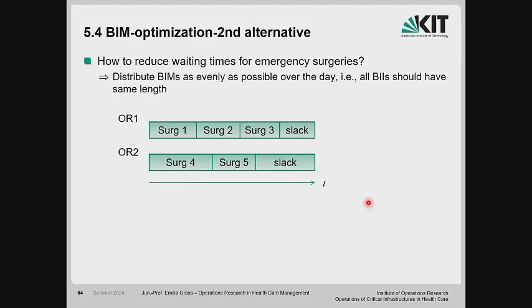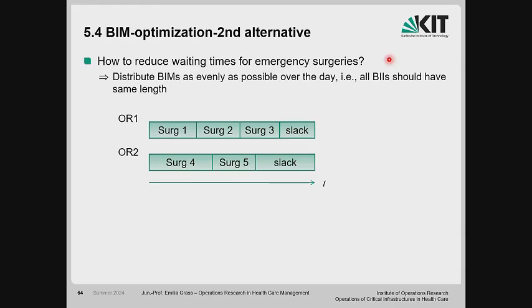We have here some kind of example. The question now is how to reduce the waiting times for emergencies. The idea is to distribute all the elective surgeries evenly, so that all these break-in intervals have the same length.